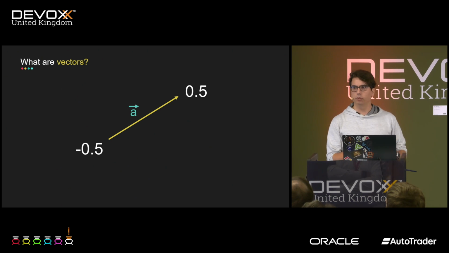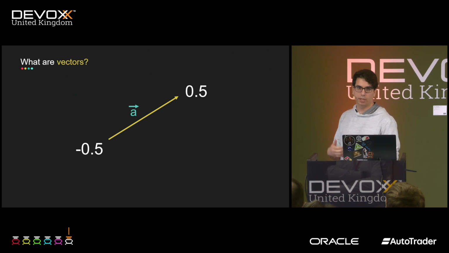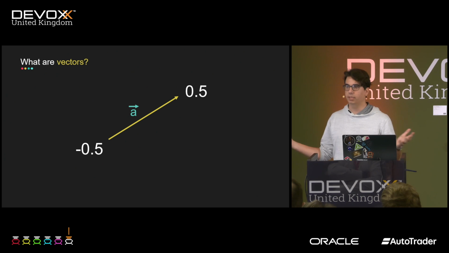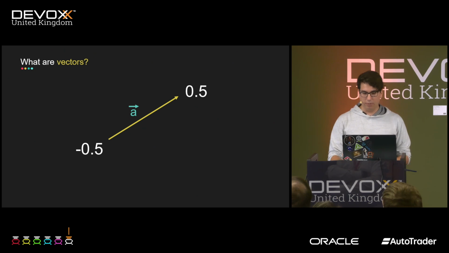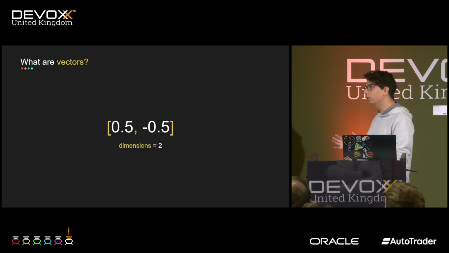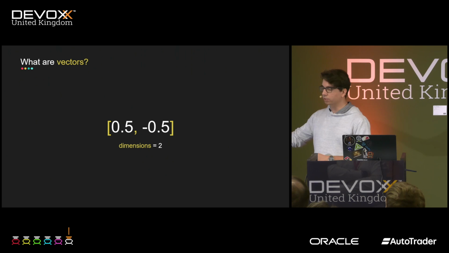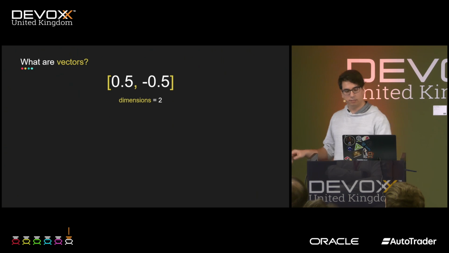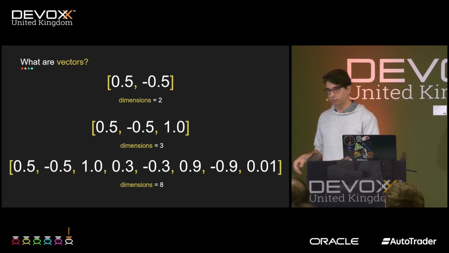But if you're used to game development, you've used vectors before. They are used to represent a point in space, a 3D space, 2D space, for example. But in this case, we could use vectors a little bit differently. So vectors have a certain dimensionality. This is a vector with 2 dimensions. This is a vector with 3 dimensions, and this is a vector with 8 dimensions.